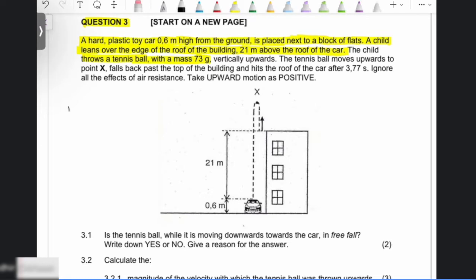So immediately convert the mass to kilograms: 73 times 10 to the minus 3. Okay, it says the tennis ball moves upwards to point X, falls back past the top of the building, and hits the roof of the car after 3.77 seconds. Ignore all the effects of air resistance, take upward motion as positive, fine.